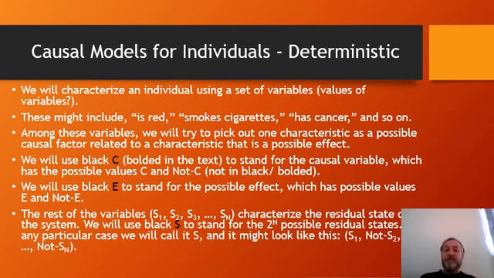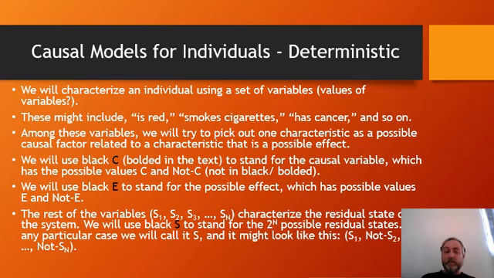Only some of them, hopefully, will be the ones of particular interest. And one of those might be a cause that we're interested in, a causal variable, and one of them might be an effect variable that we're interested in.